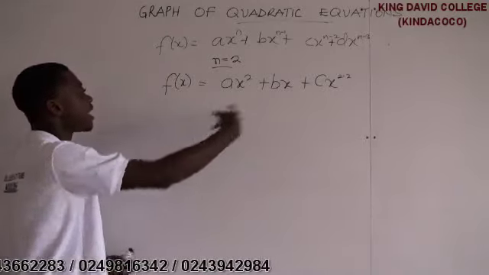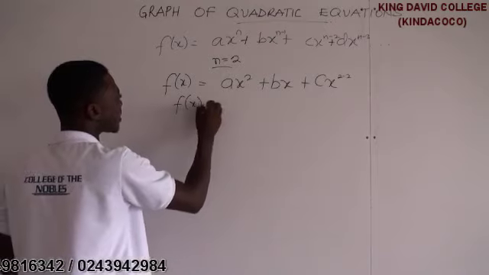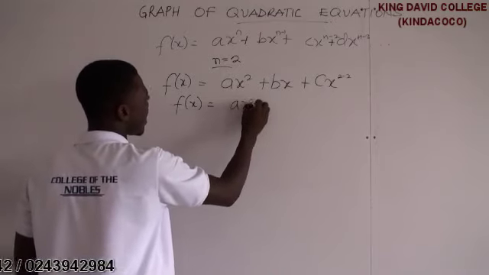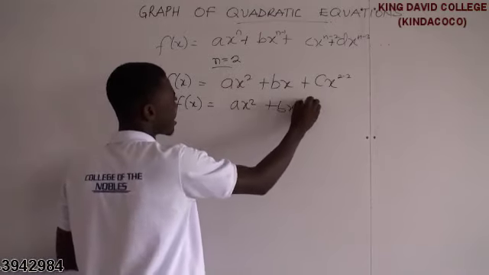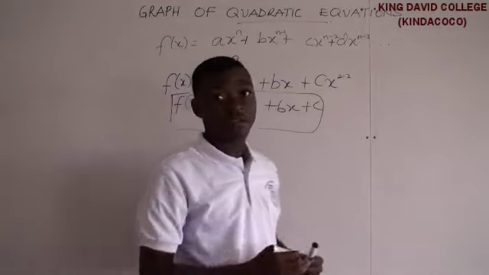So you are going to have the general equation for quadratic as f of x is equal to ax squared plus bx plus c. We know this, and we've established this fact.